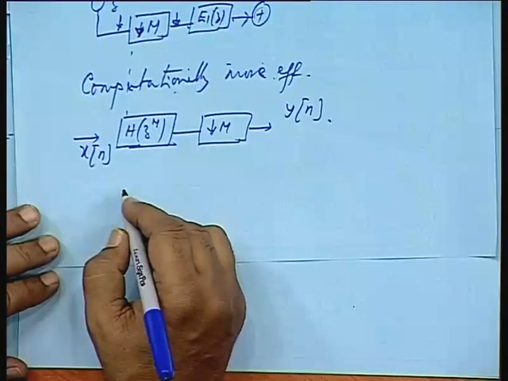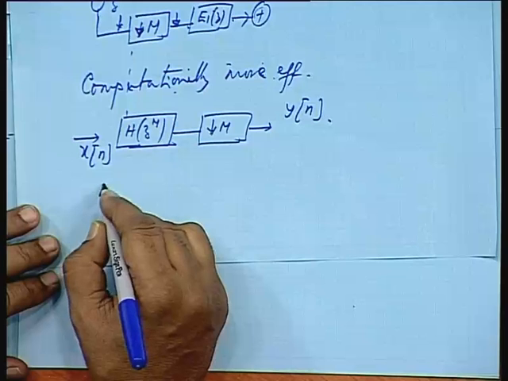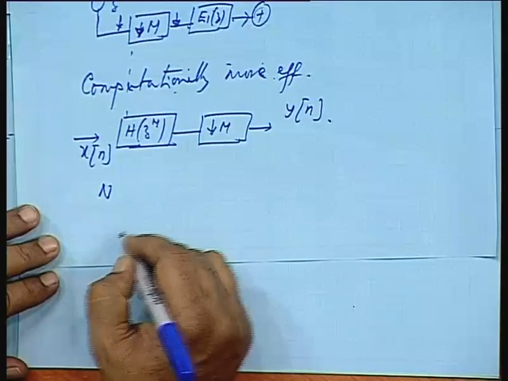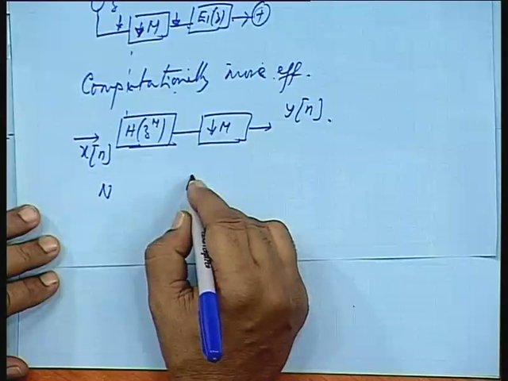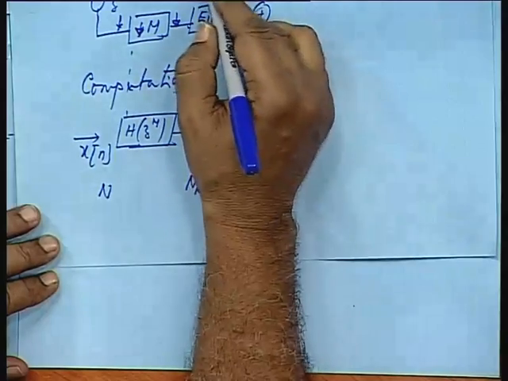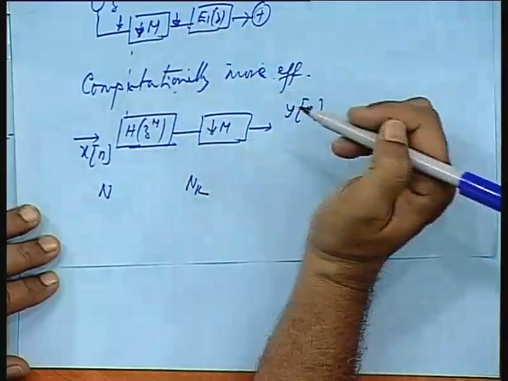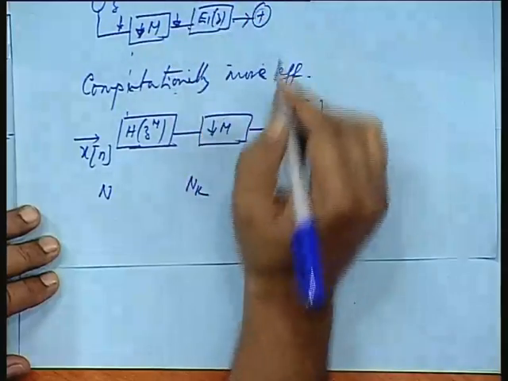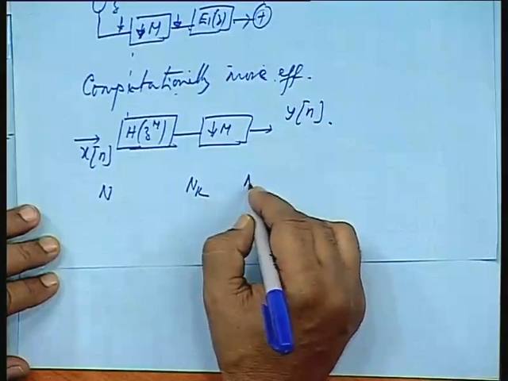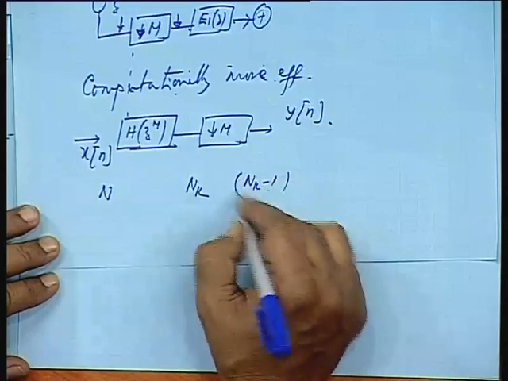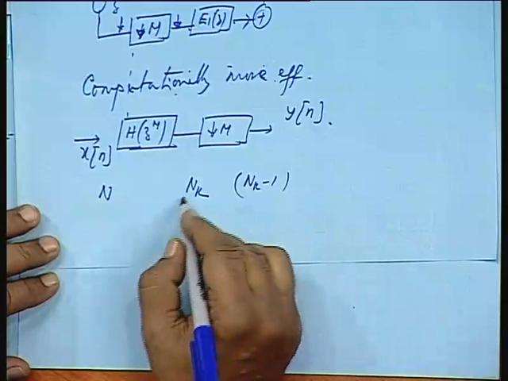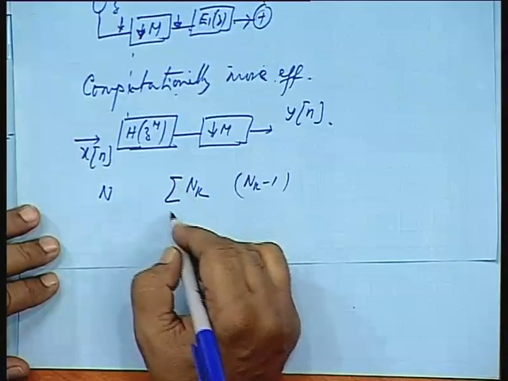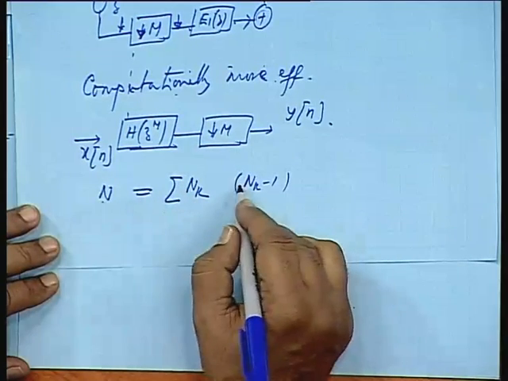So if there are say n points and nk points per parallel branch, all right. So the number of computations per branch will be nk multiplications and nk minus 1 additions, is it not? So summation of nk will be equal to n, all right.